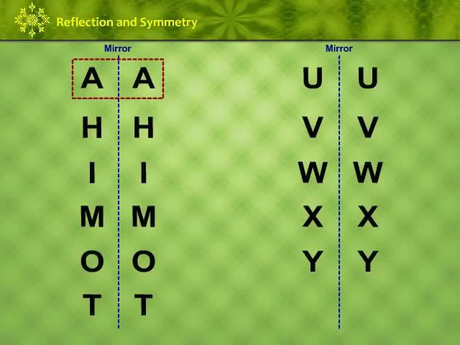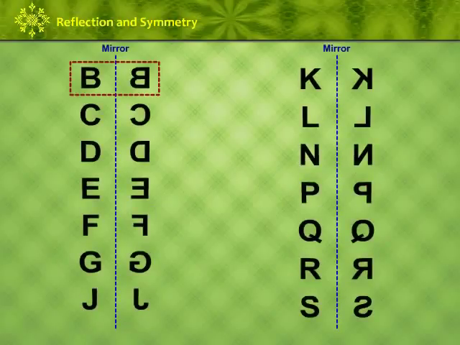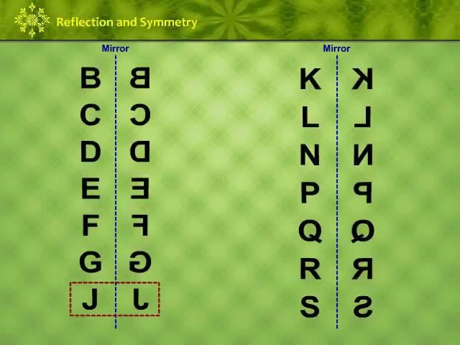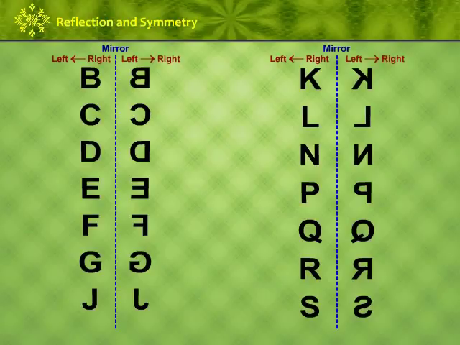Do you know the letters A, H, I, M, O, T, U, V, W, X, and Y appear the same in their mirror images, whereas letter B, C, D, E, F, G, J, K, L, N, P, Q, R, S of the alphabet appear reversed in their mirror image, because the letters written from right to left appears as written from left to right in their mirror image.